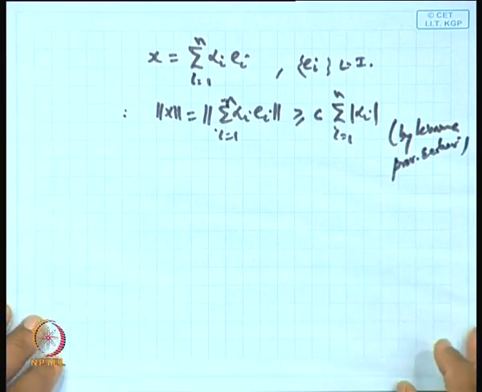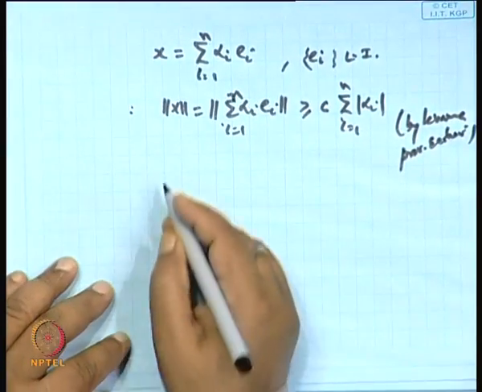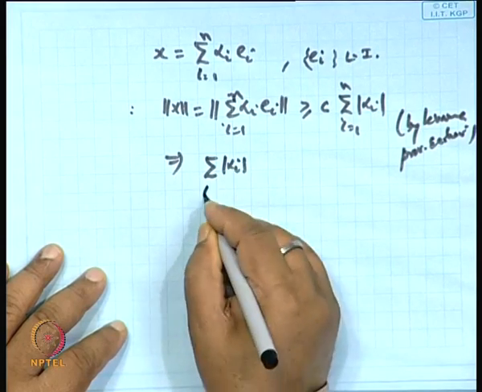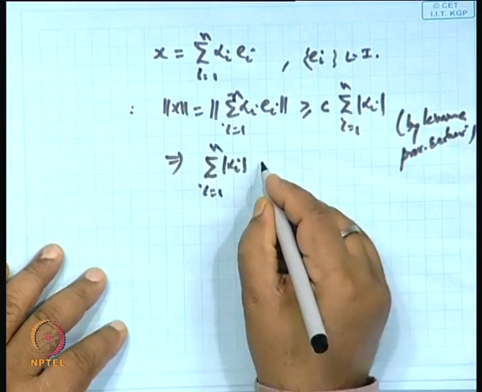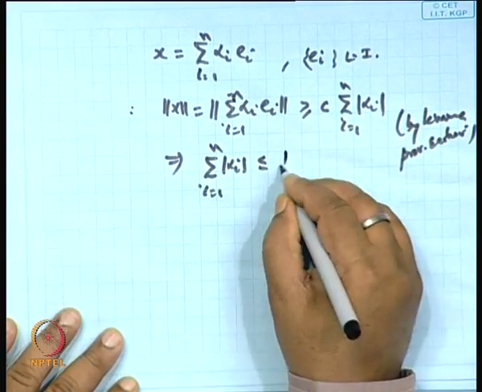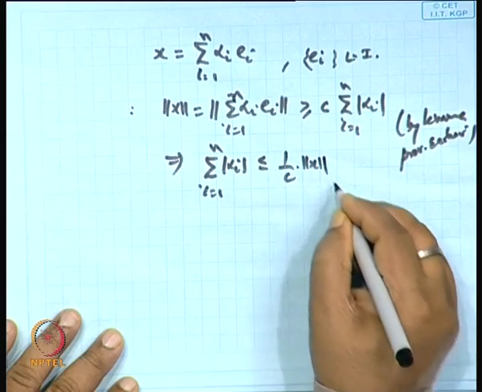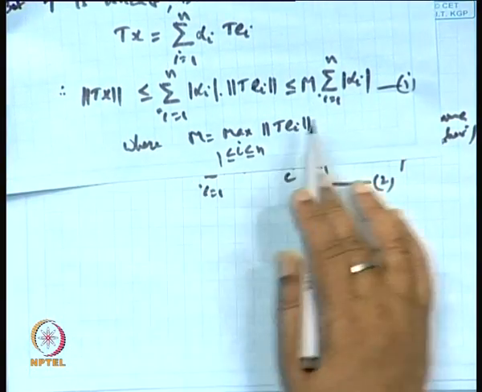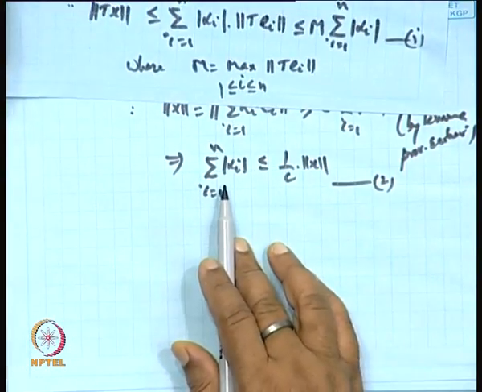Okay. This is the lemma proved earlier. So, from here we get sigma mod alpha i, i is 1 to n, is less than or equal to 1 by C into norm x. Let it be 2. Now, if we combine 1 and 2, 1 is norm of T x is less than or equal to this, 2 is sigma alpha is less than.